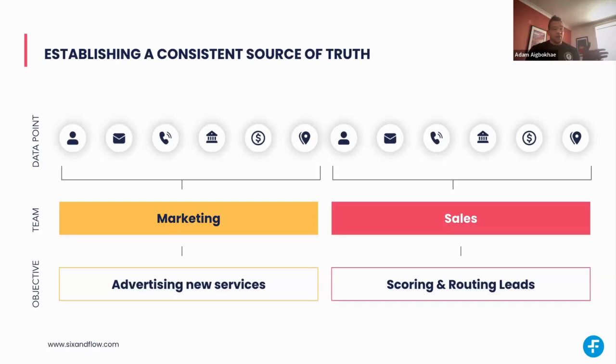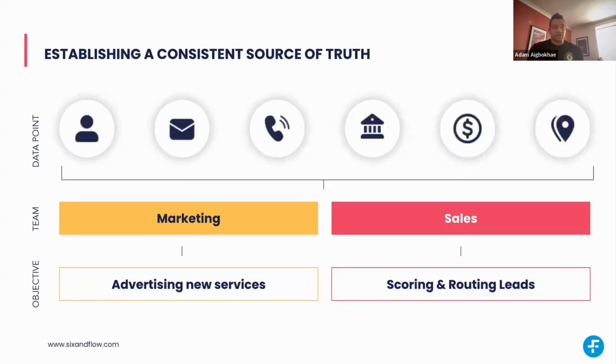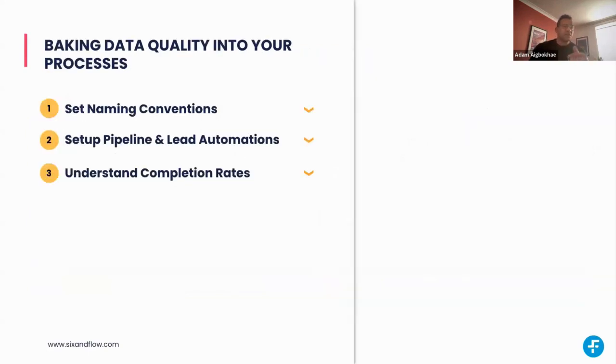So once you understand what the team's objectives are and what data points they're using, you really need to build a consistent structure and definition of all the data points to help people actually put them into the system well. Because if we're trying to put the same property in 4 times, you're going to get maybe 4 different answers, or you might just not get accurate data whatsoever. Once you've got a consistent understanding of the different data points, then you start to bake processes in to improve your data quality.